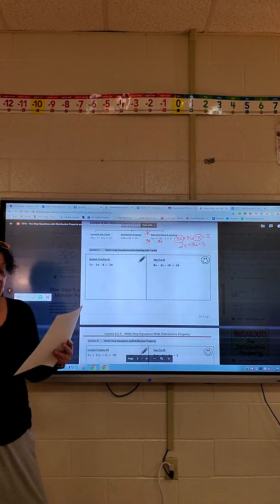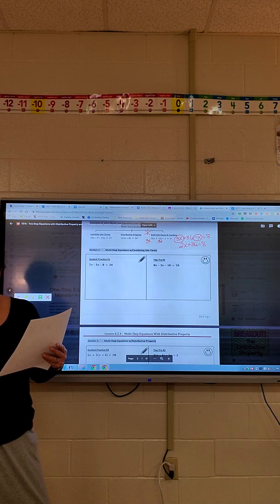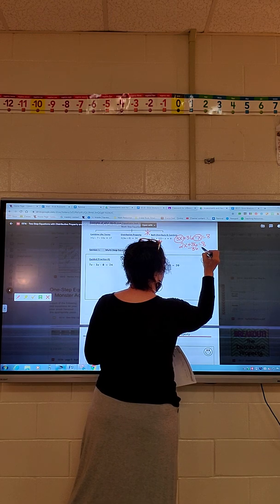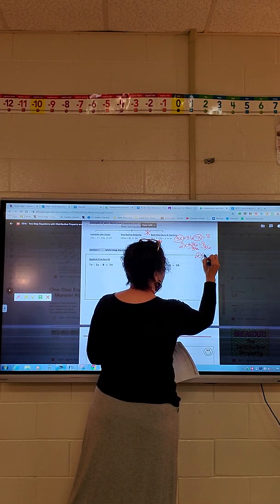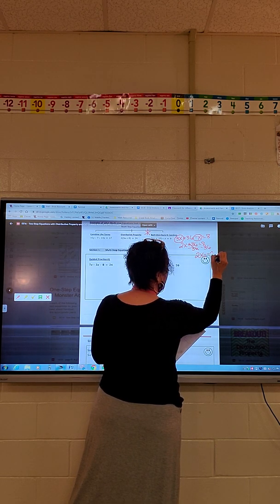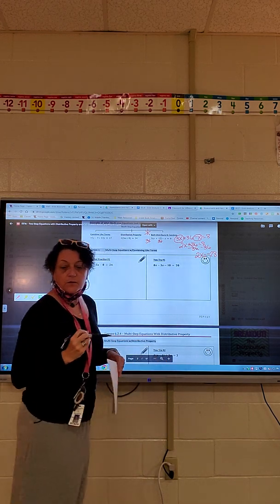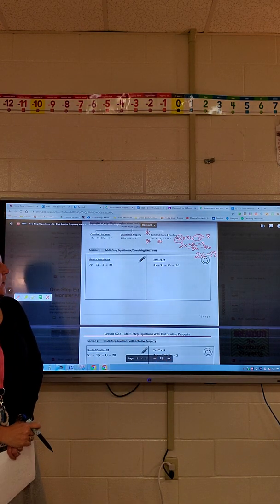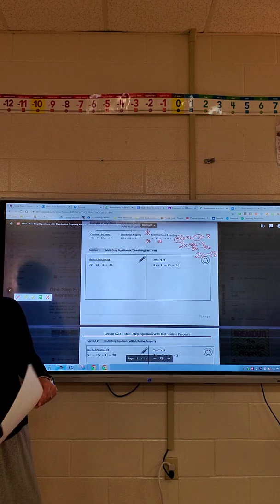We did it yesterday. I worked it wrong. Subtract 36 from both sides, and I think this is where I made my mistake. 2x is equal to negative 28. Do we have a negative 28 on your paper from yesterday? And what did I get for x?